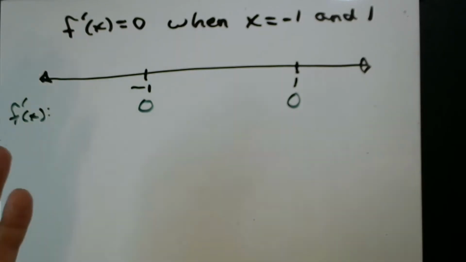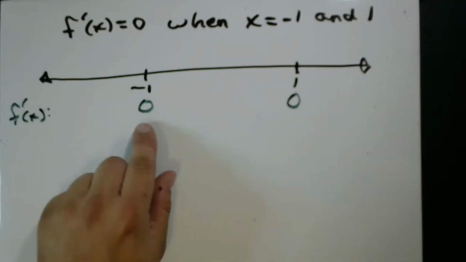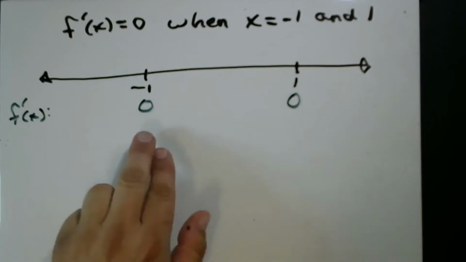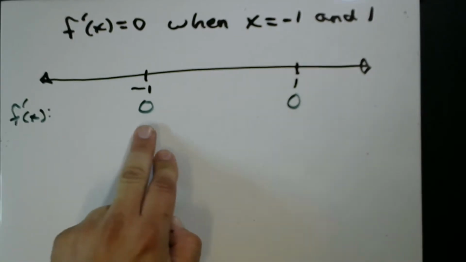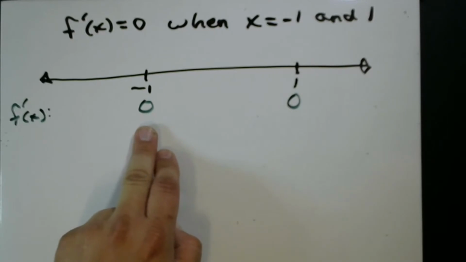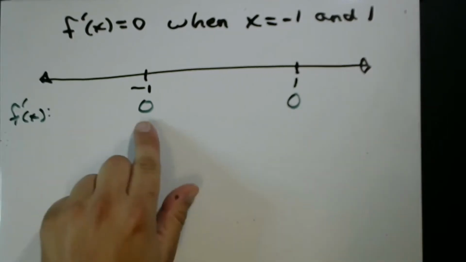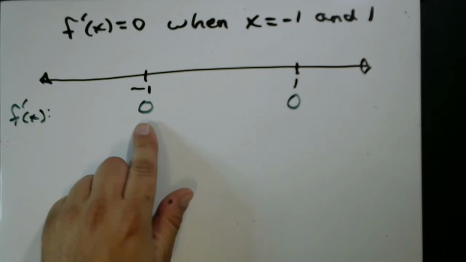is that a function can change sign either when it encounters a vertical asymptote, or if you have some kind of, say, a piecewise function, which we don't have for f prime of x. F prime of x does not have a vertical asymptote, and it's not a piecewise function. It's a continuous function. It's a smooth function.